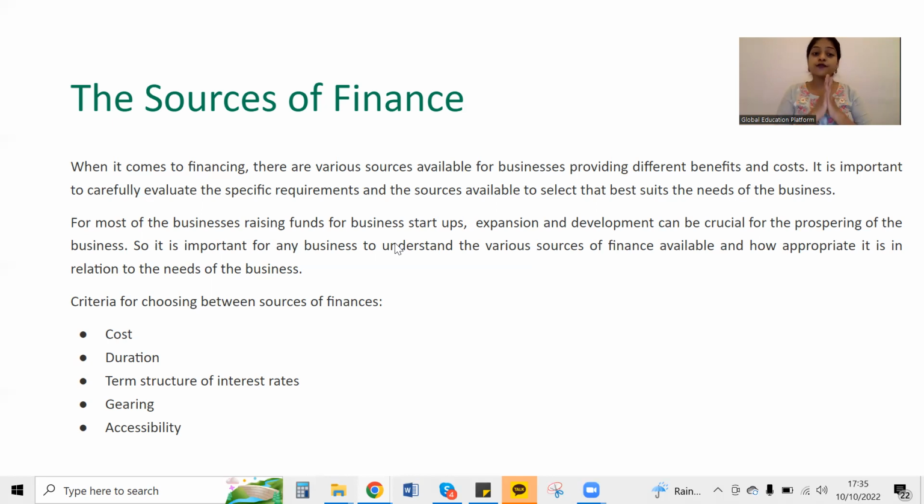It is important for any business to understand the various sources of finance available and how appropriate they are in relation to the needs of the business. To the maximum, you should try to avoid taking money from outside, which would result in you paying it back later with an interest charge.